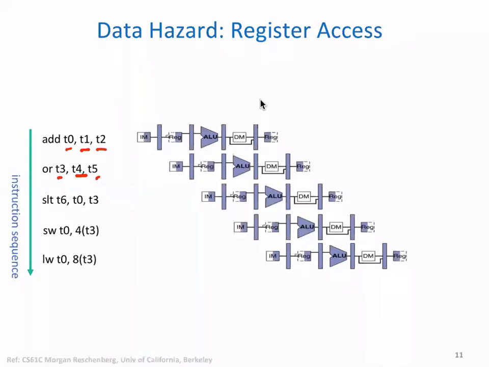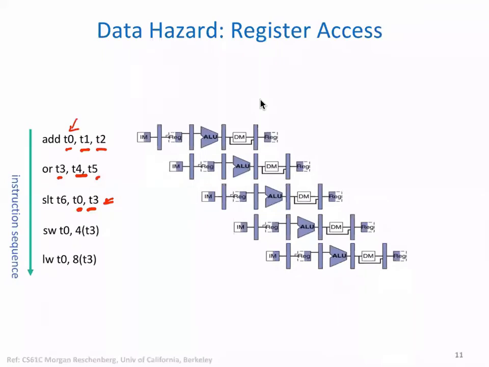Third is SLT, set on less than, T0, T3. The contents of T0 are compared with the contents of T3, and if T0 is less than T3, then the output should be 1, or T6 will contain 1. Now here, can you see the dependency? It's using T0 here, and that is coming out of here.